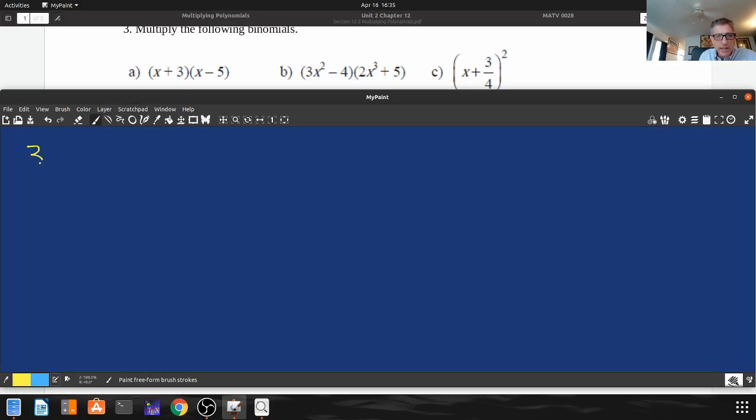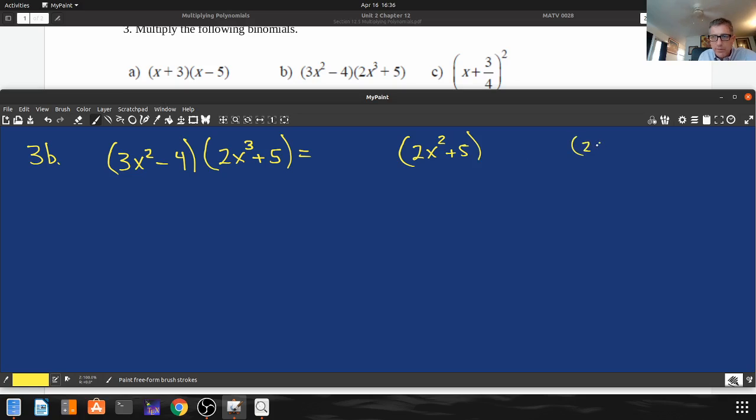This is 3b. So 3x squared minus 4 times 2x cubed plus 5. So that's going to equal to... I'm doing this because I'm going to change the color here.